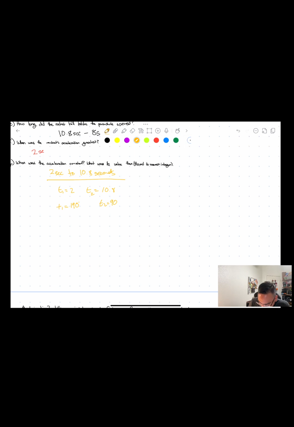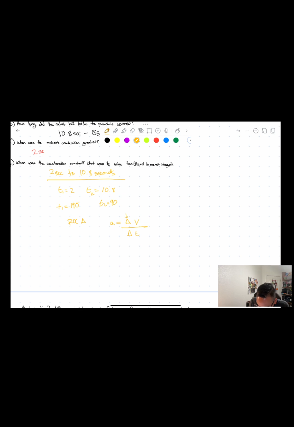There's a formula we can use. Whenever we have the triangle, think of it as the rate of change. So your A is equal to the change of your velocity over your change of time.